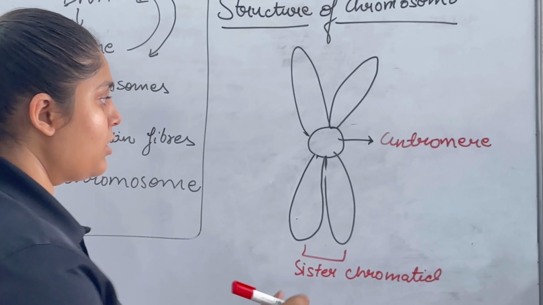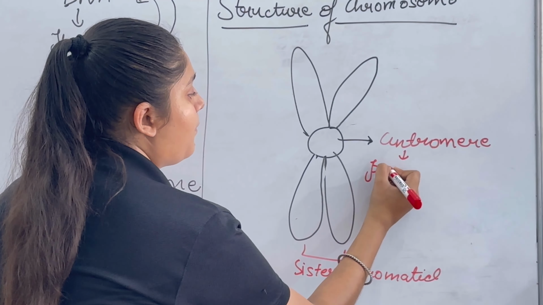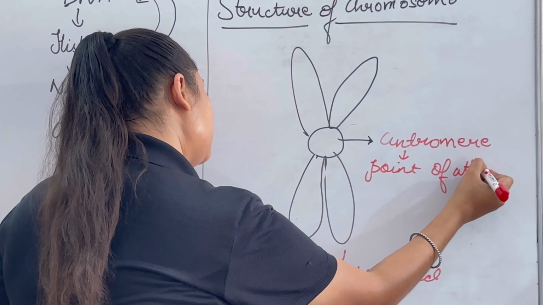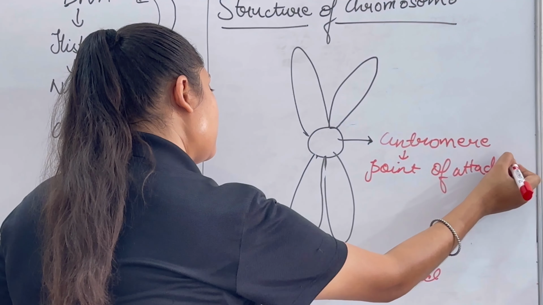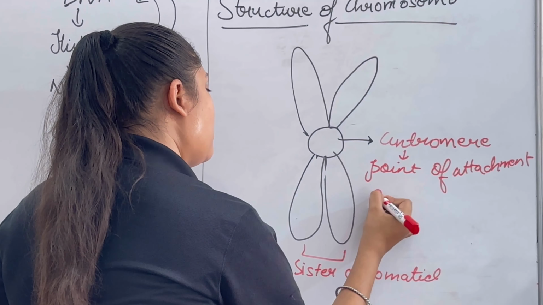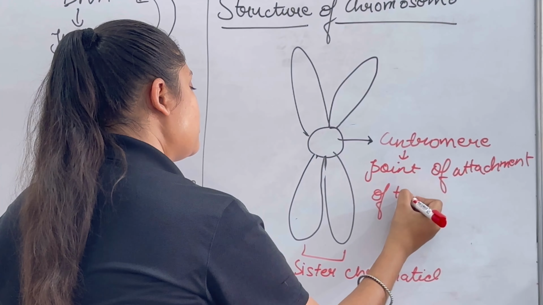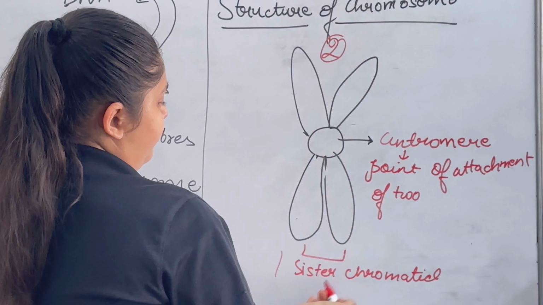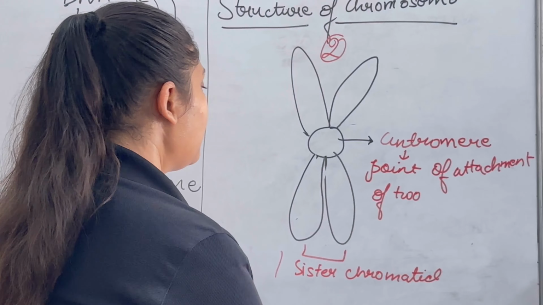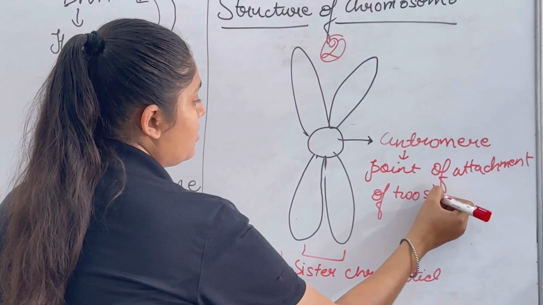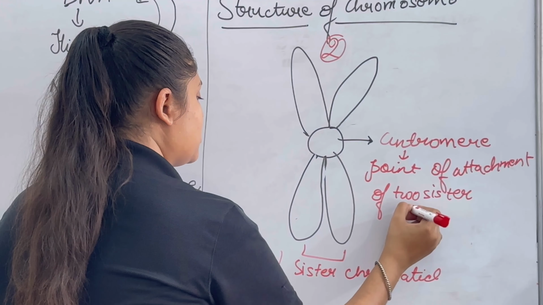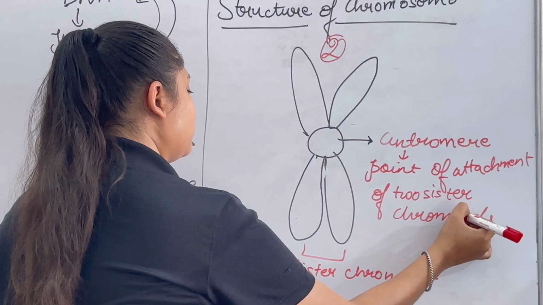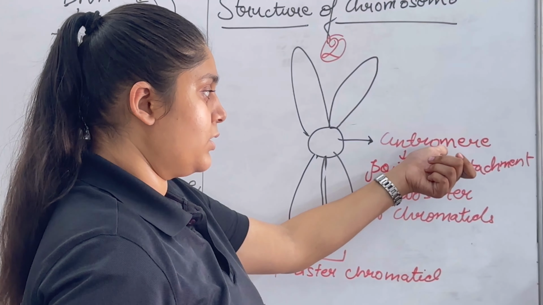This is the centromere, the point of attachment of two sisters. This is the first sister chromatid, and this is the second. This is the centromere. Okay.